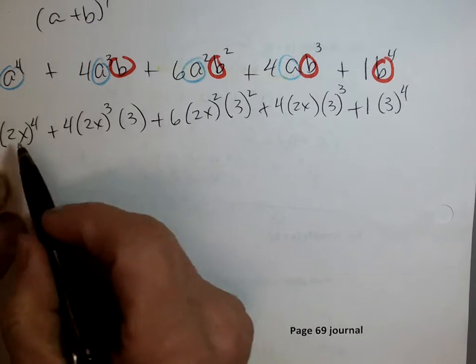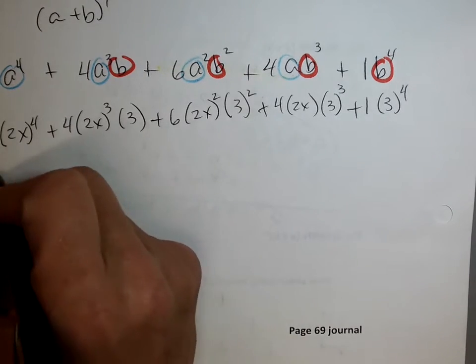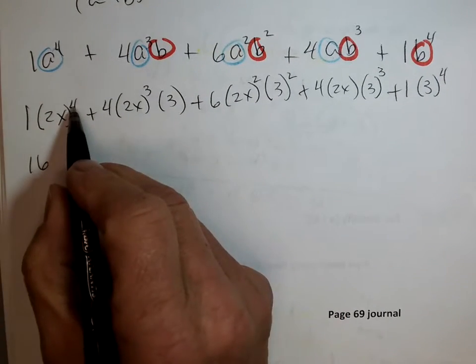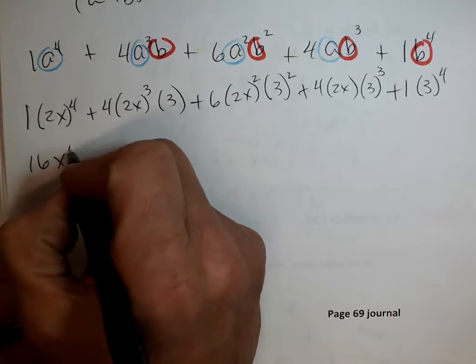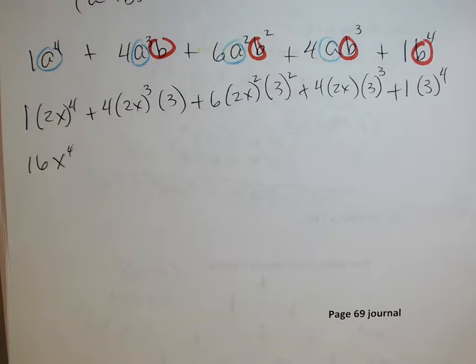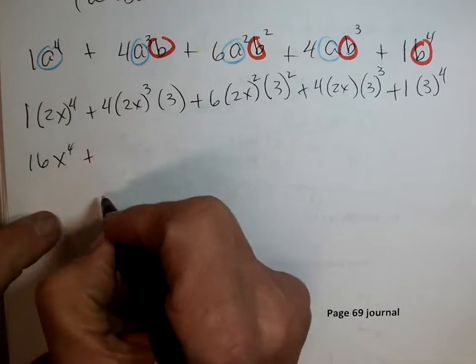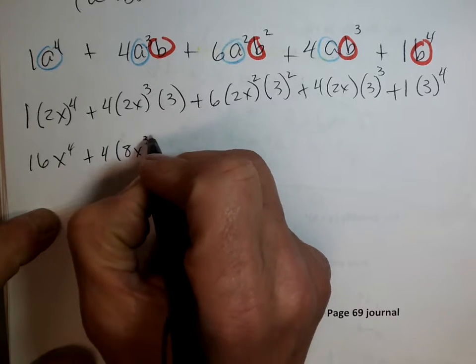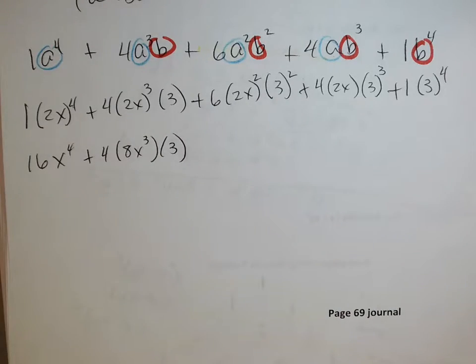Now, we've got to be careful. We've got to take 2 to the 4th power as well as x. So this is going to be 16, because 2 times 2 times 2 times 2 is 16, 16x to the 4th, times 1, but I don't need the 1. You guys okay with 16? Plus, now I'm going to do this in a couple of steps. 4 times 8x cubed times 3. I'm going to do it in 2 steps to finish up.